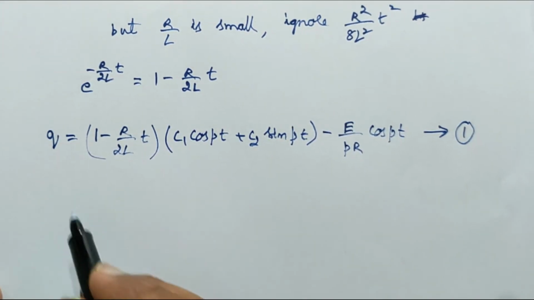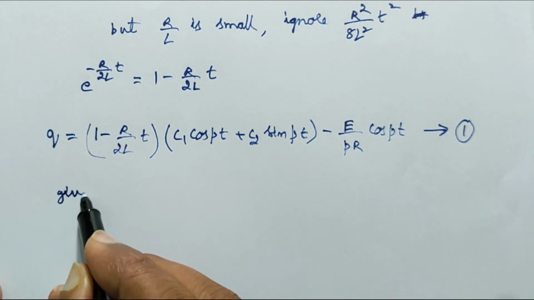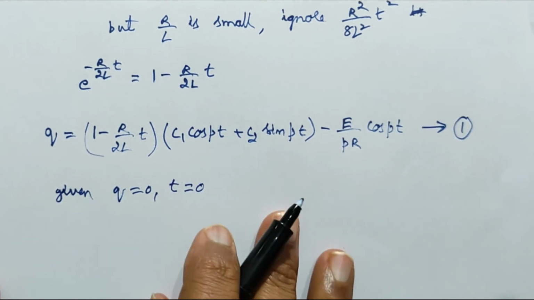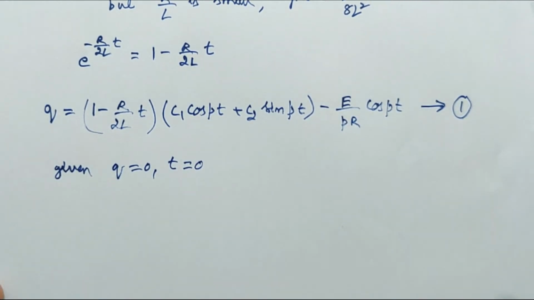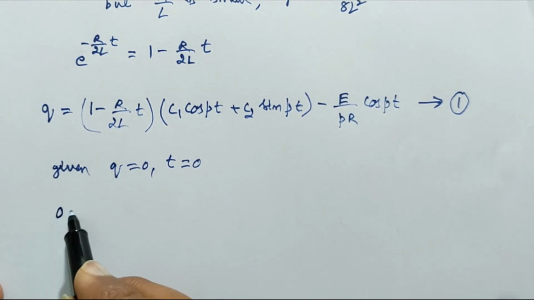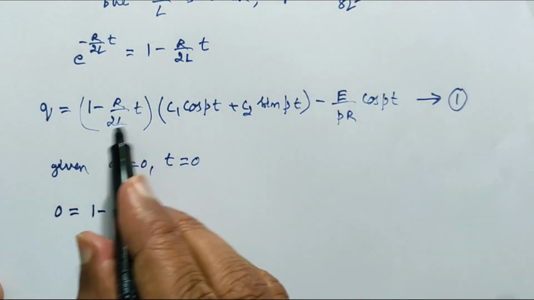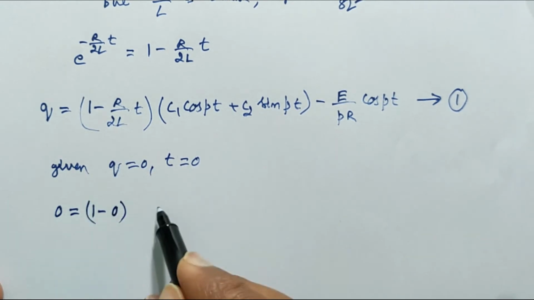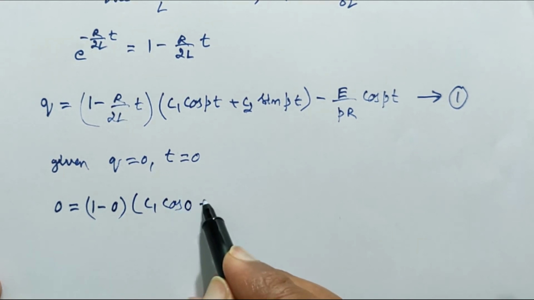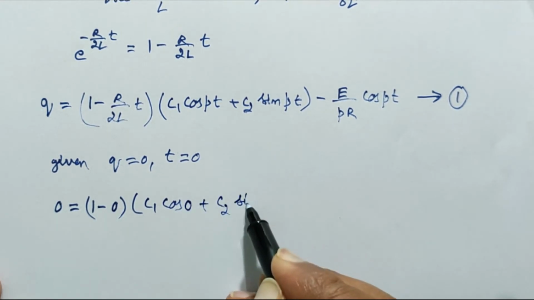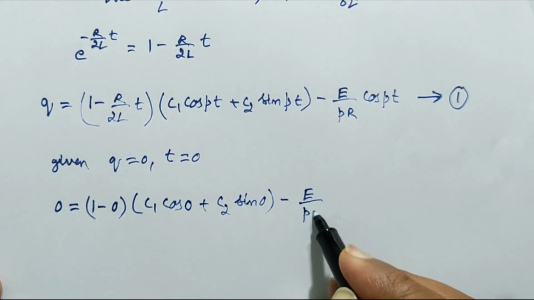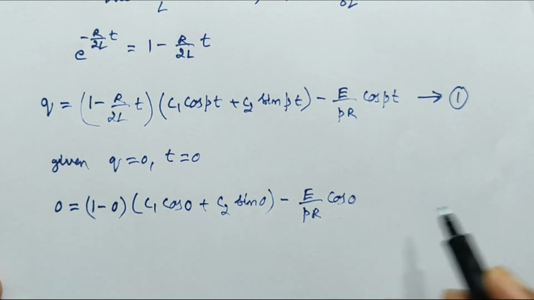It is given in the question that Q is equal to 0 initially. That means when time t is equal to 0, Q is equal to 0. So if you plug in these values, Q is 0 here. It is 1 minus t, where t is 0, so this term becomes 0, into C1 cos of 0 plus C2 sine of 0 minus E by P times R into cos of 0.